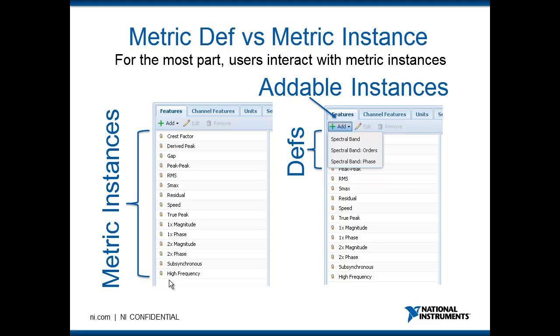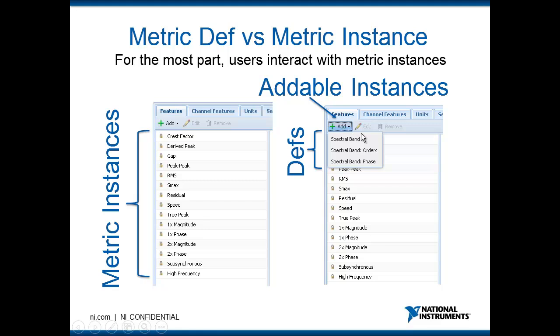In fact, for the most part, when you're in the web, users are interacting with metric instances and not with metrics themselves. Even in the case of RMS, which you're looking at here, this is the one and only instance of RMS.